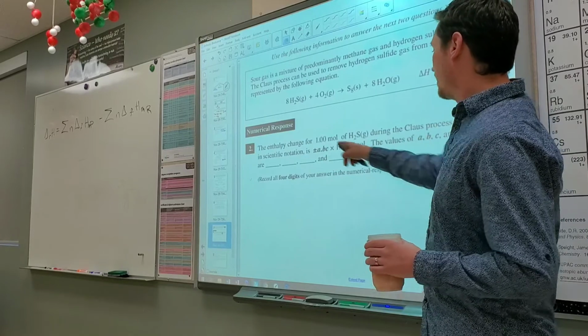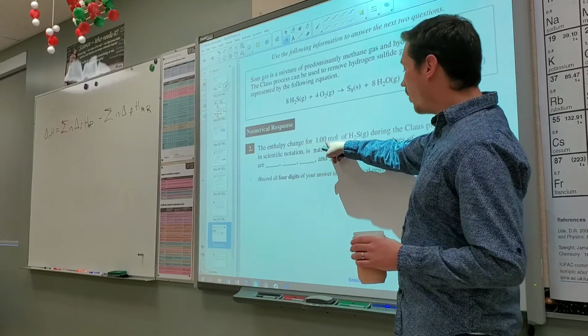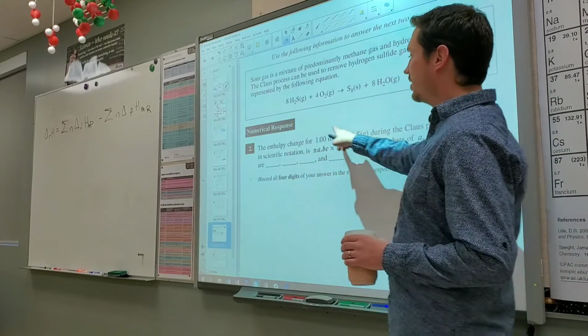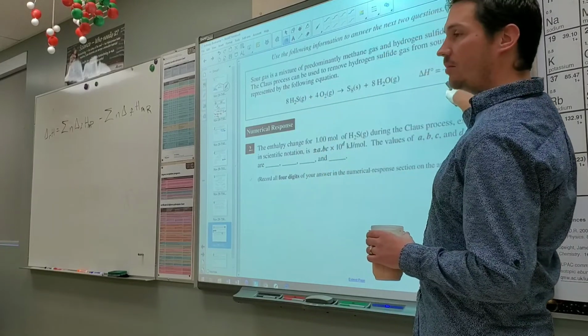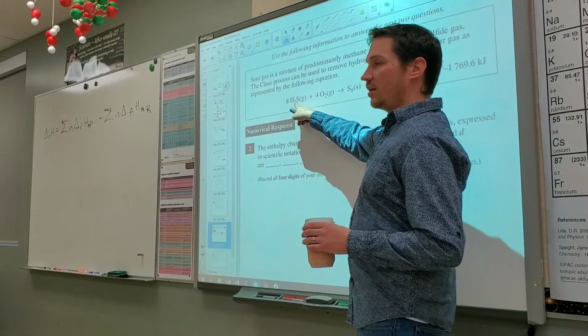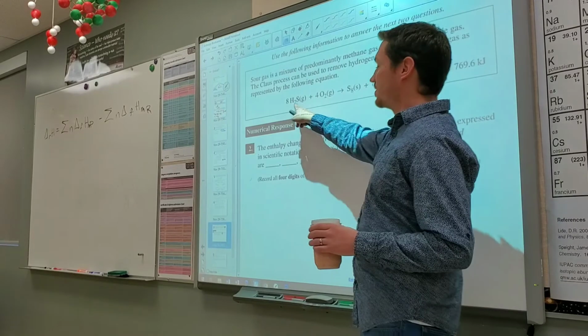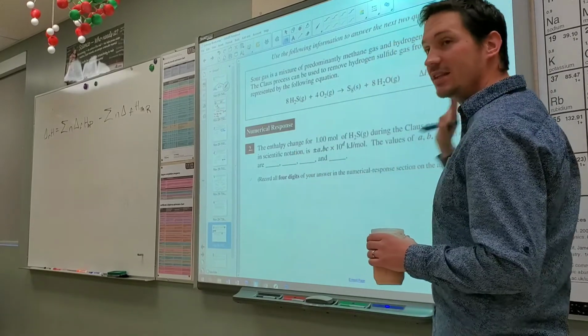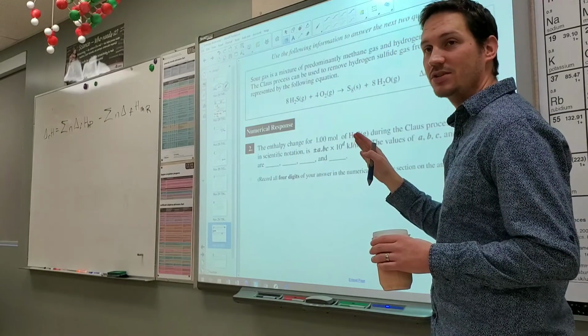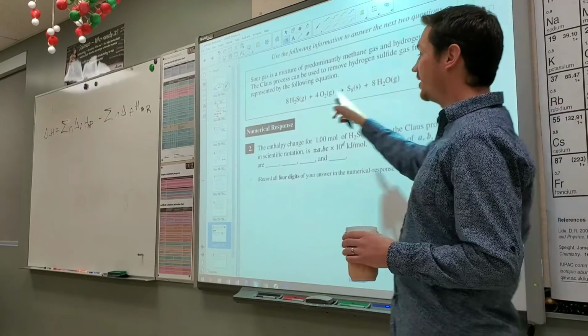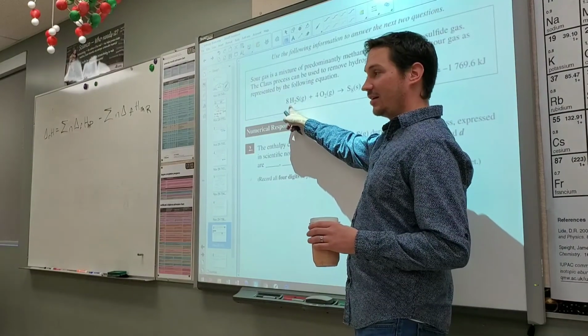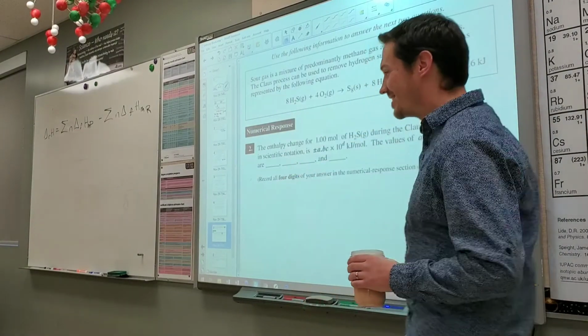The enthalpy change for 1 mole of H2S. Do we have that? No, we have it for 8 moles of H2S. So the only thing you have to do is take that and divide it by 8. So it was unit analysis.